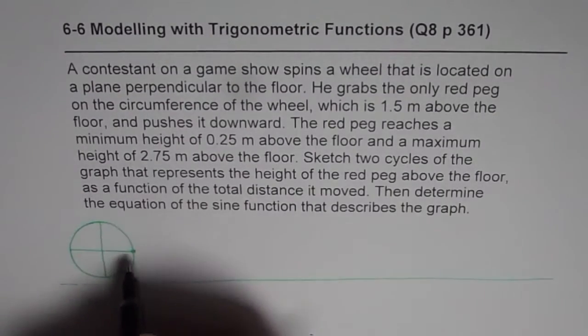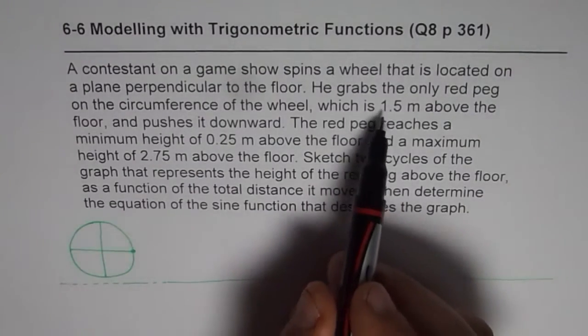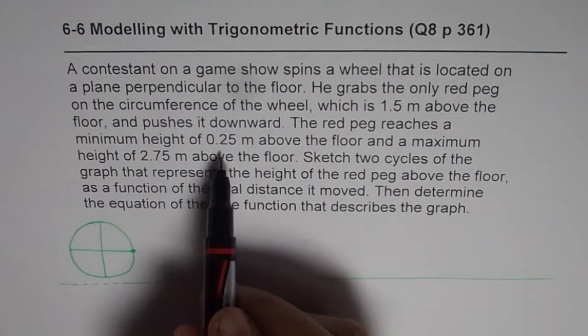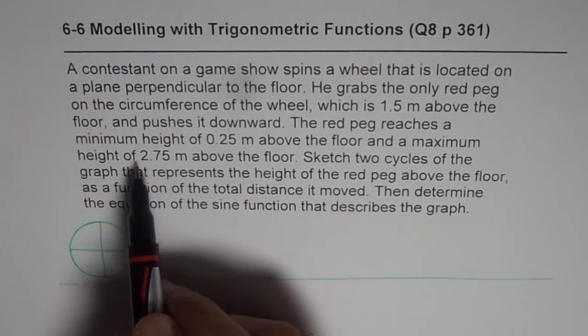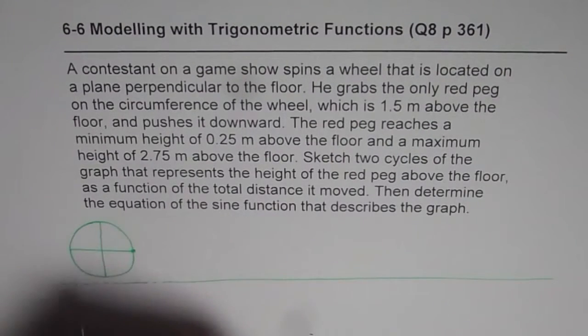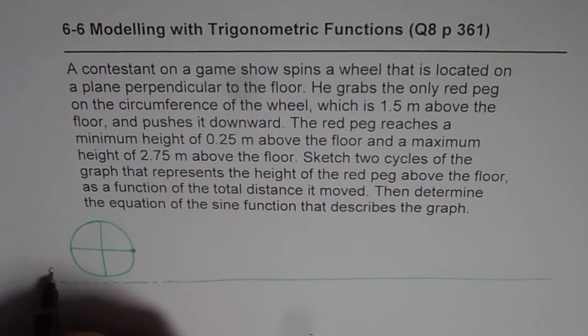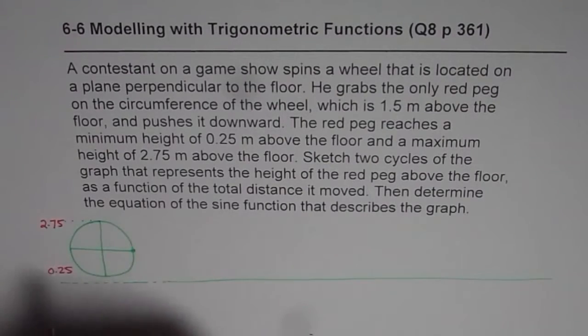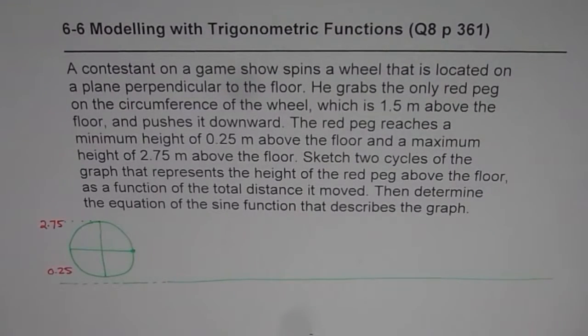And this red peg is 1.5 meters above the floor, and it goes 0.25 minimum and 2.75 maximum. So this height for us is, let me write here, 0.25, and the maximum height for us is 2.75. So let's find the center of these two first.